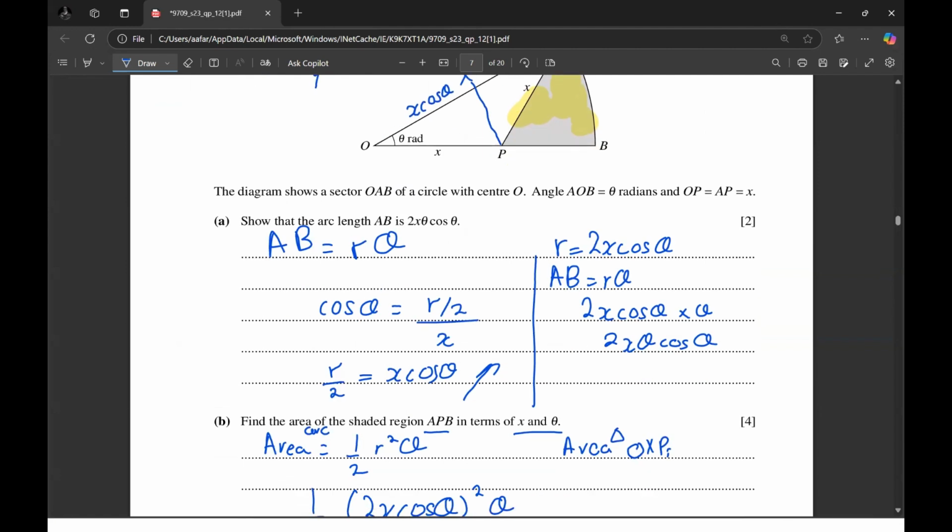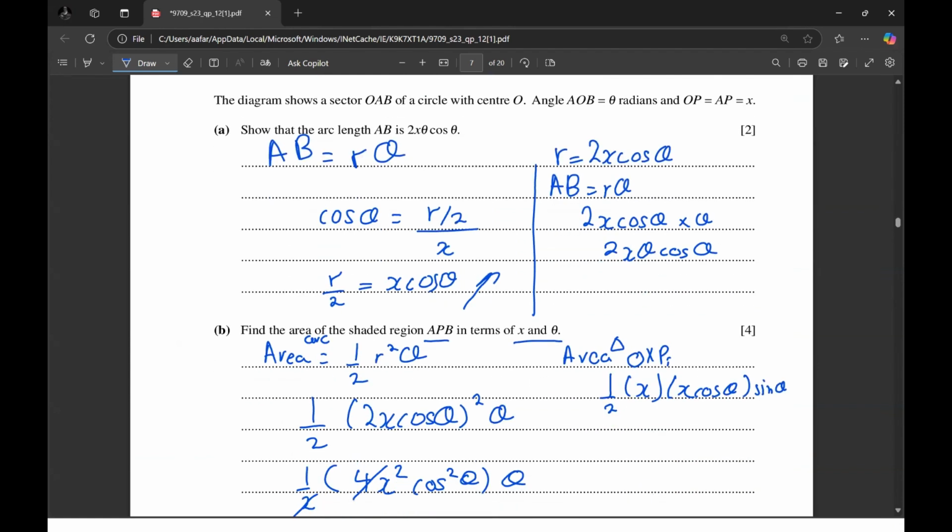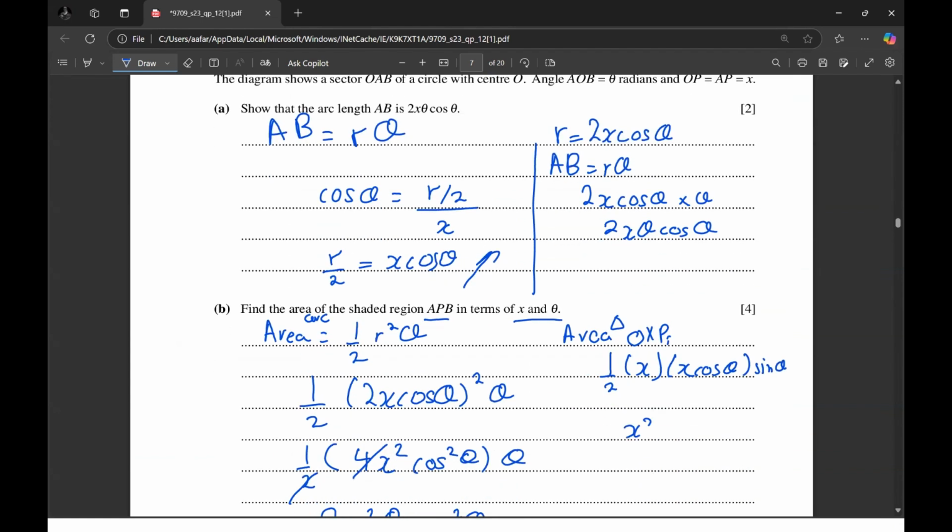It will be equal to half A, which is x, B, which is x cos theta, sin theta. So we get x squared cos theta sin theta over 2.